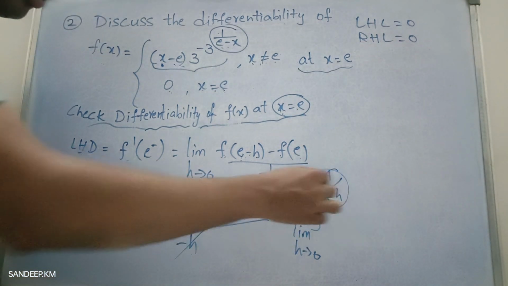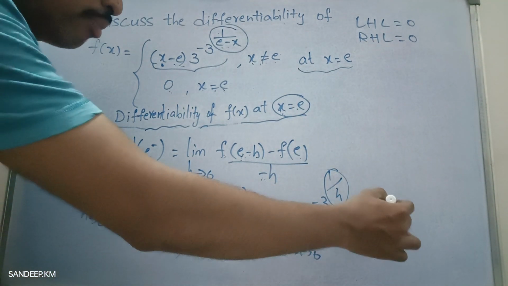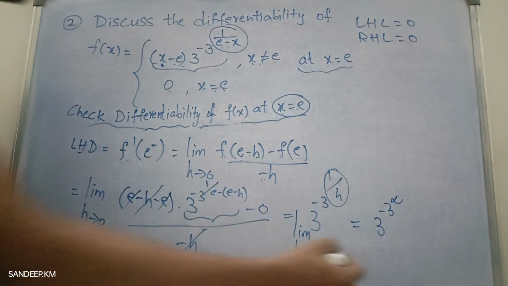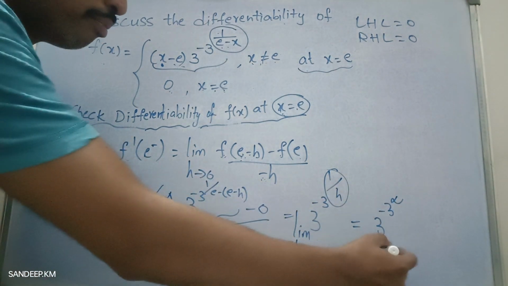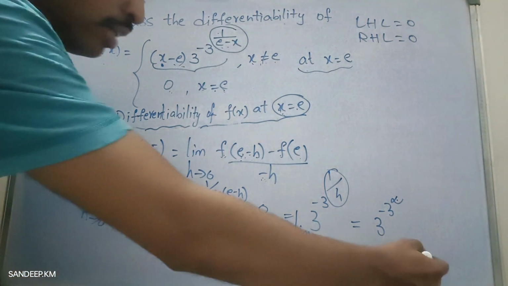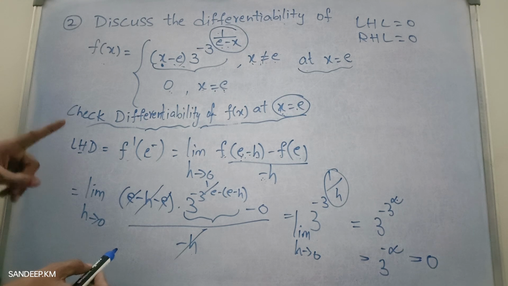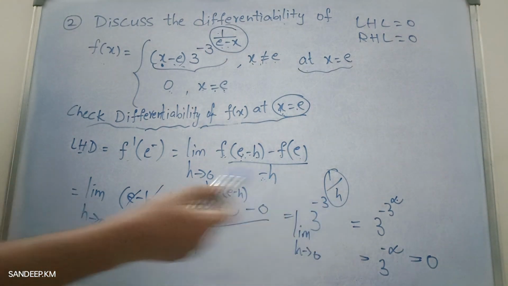So 1 by h, when h approaches 0, approaches infinity. So you will get 3 power minus 3 power infinity. That means 3 power minus 3 power infinity is approaching infinity, and 3 power minus infinity is equal to 0. So I hope you got the same value. Dear students, LHD is equal to 0.